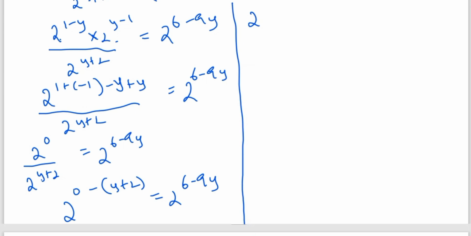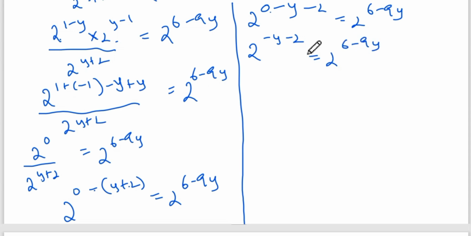Minus times plus is minus, so 2 raised power minus y minus 2 is equal to 2 raised power 6 minus 9y. The 2 cancels out 2. This becomes minus y minus 2 is equal to 6 minus 9y.